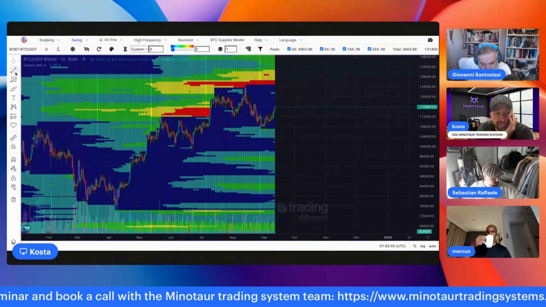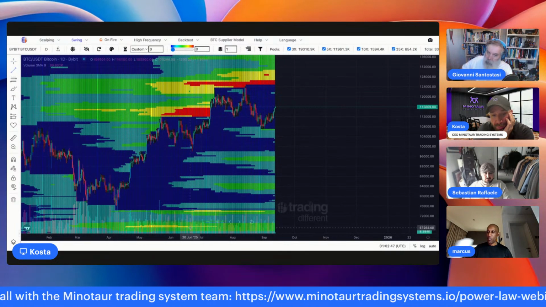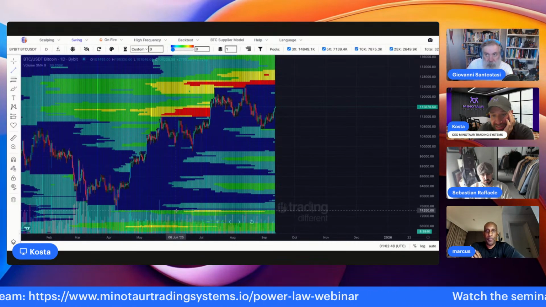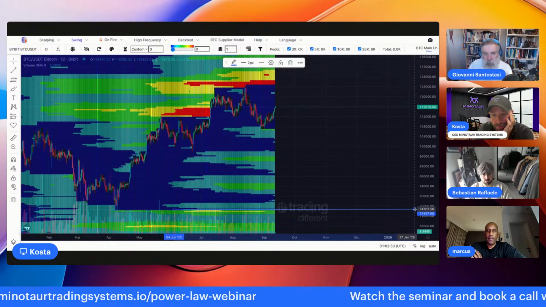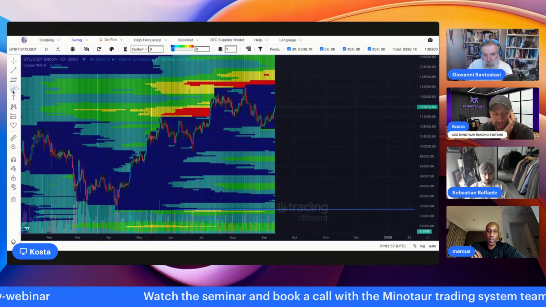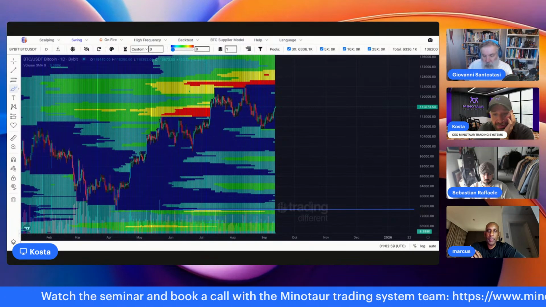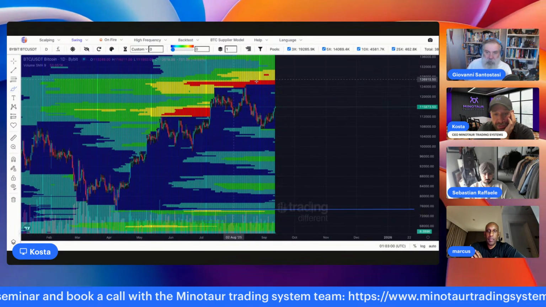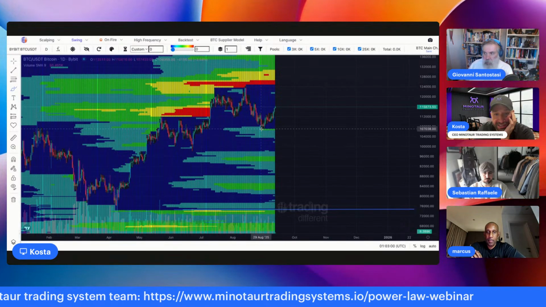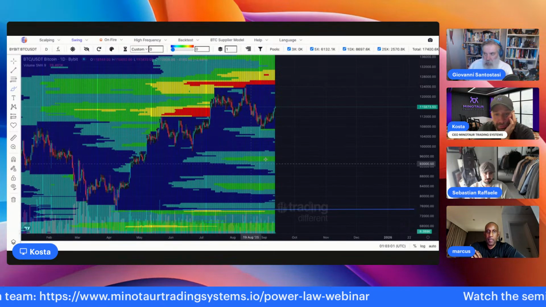This is what's really interesting to me: the power law support is sitting at around this level in 2026, this 74, 72K, correct, Giovanni? 2026 November support. So what we're seeing here are big liquidity pools that have built up, and you can see another one here.